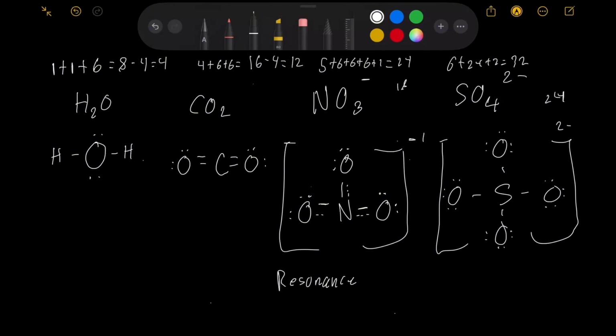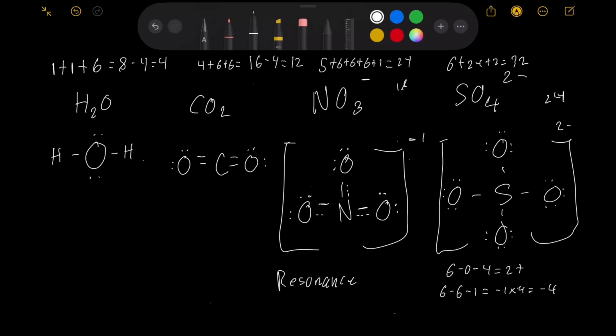And now we can check the formal charges. S has 6 valence electrons, 0 unpaired, minus 4 bonds. This equals +2. And every oxygen here has 6 valence electrons, 6 unpaired, and minus 1 bond. This equals -1. Since there's 4 of them, this equals -4. Now this looks right because if you add those two, they equal -2.